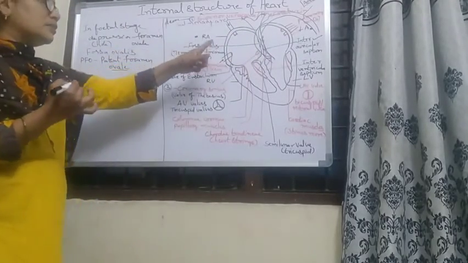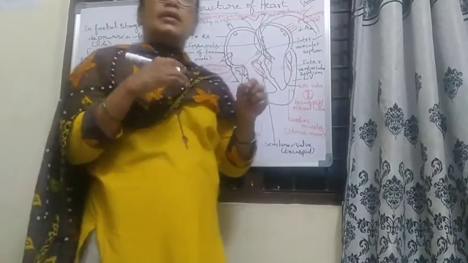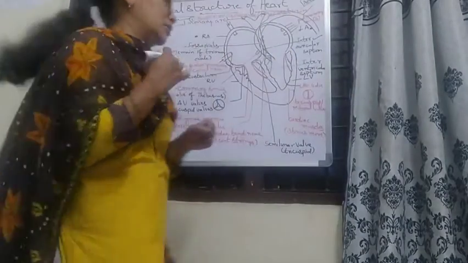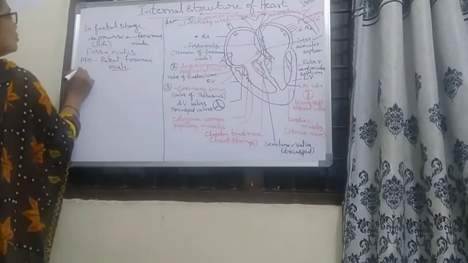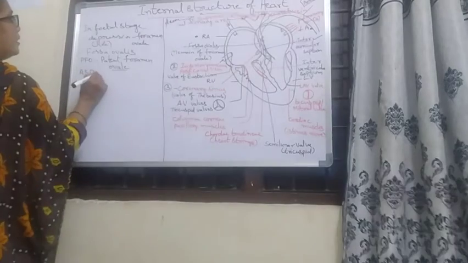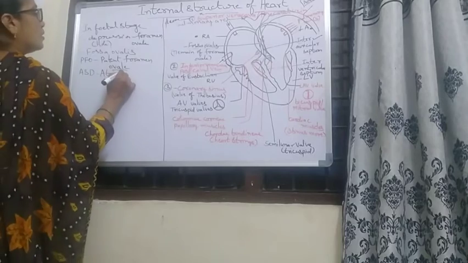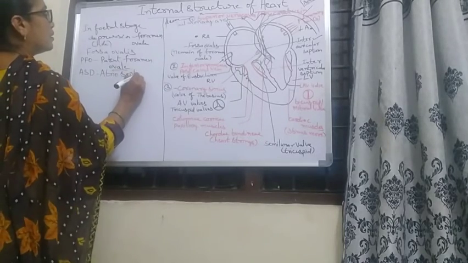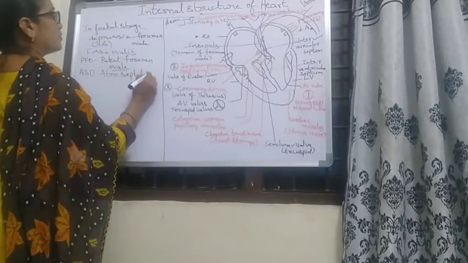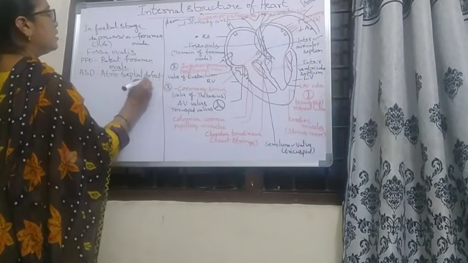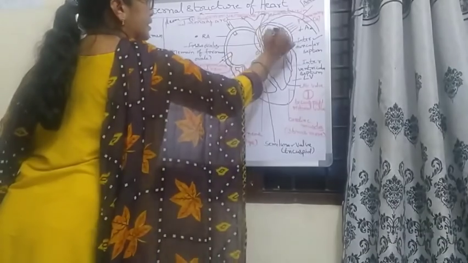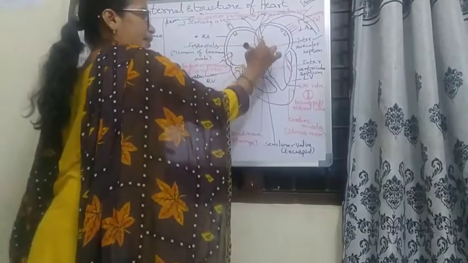So they are said to have a hole in the heart. It is also called ASD, atrial septal defect, meaning a defect in the atrial septum.